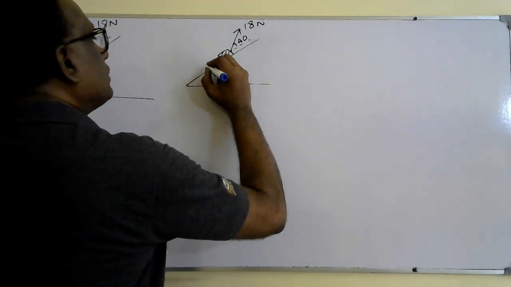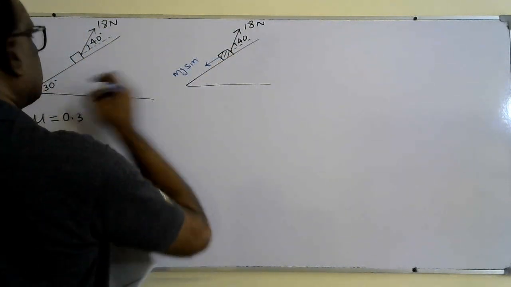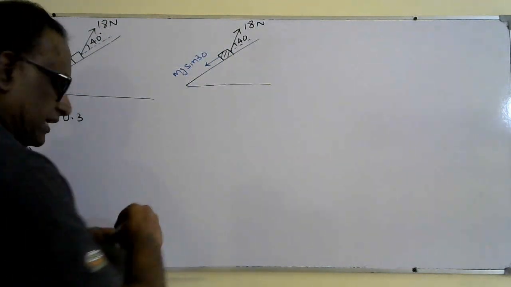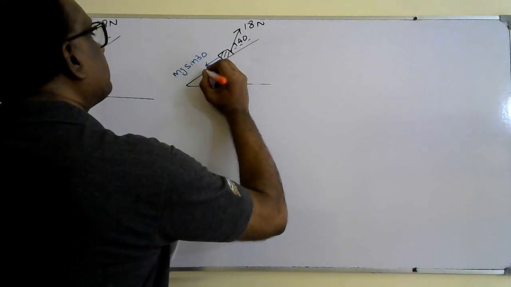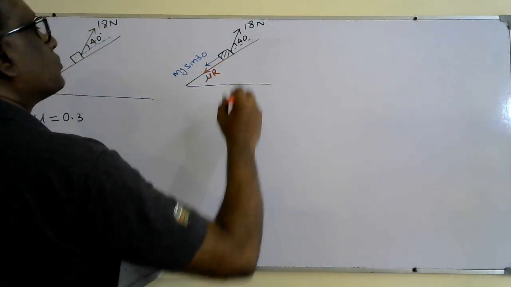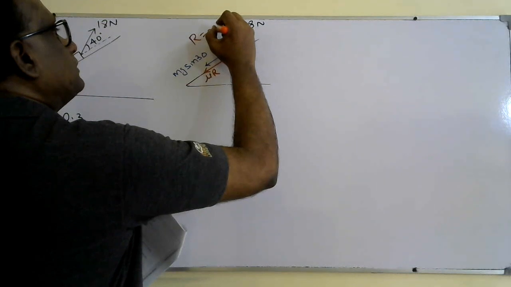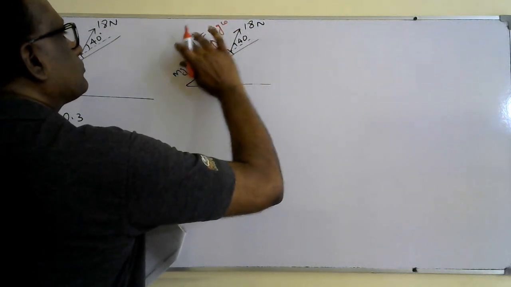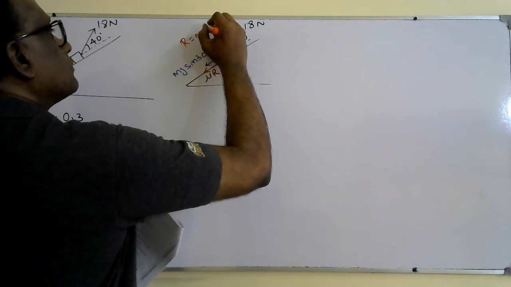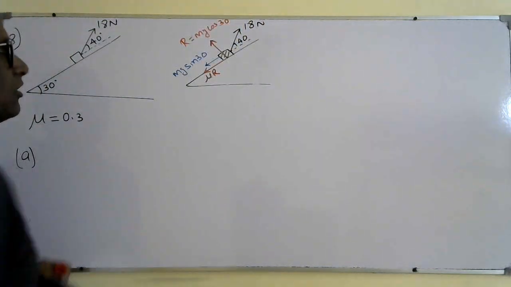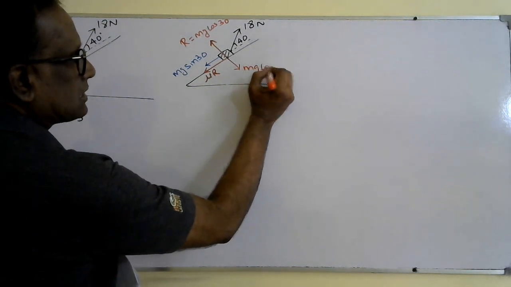Along the plane down, there will be the component of the weight, mg sin 30. The friction will act along the slope down, that is the limiting friction, mu R. The normal reaction will act along this way, that is R. I explained already the component of the weight along this way is mg cos 30.